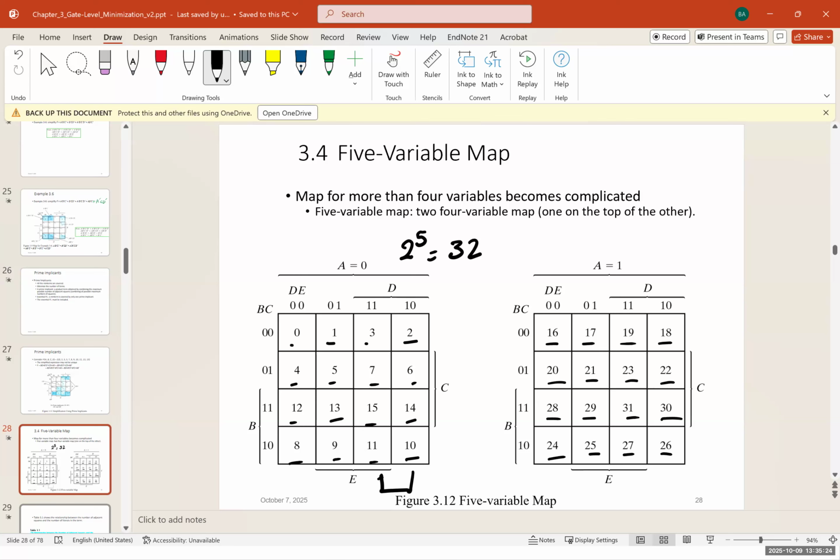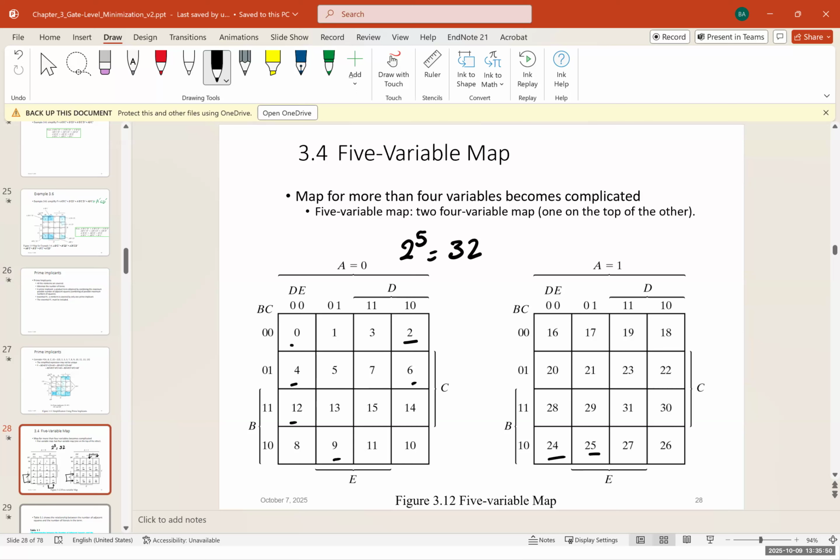Again, you can see that these 2 columns and these 2 rows are being switched. So an easy way to memorize it is like this. And the arrangement of B, C, D, and E is the same in both of them.